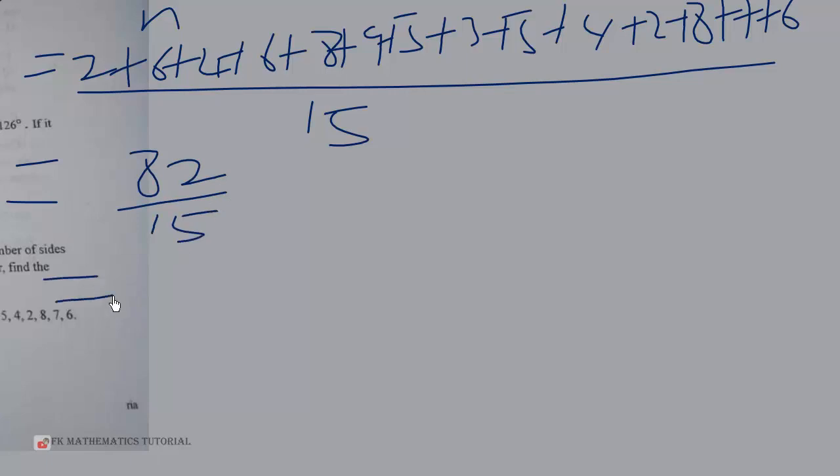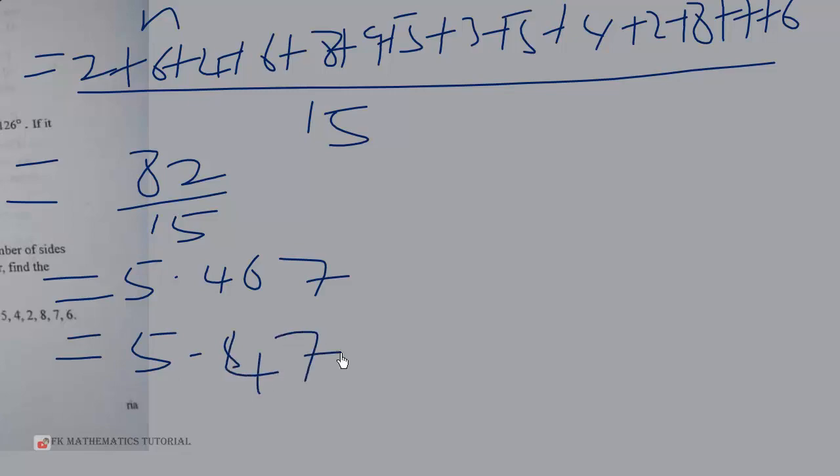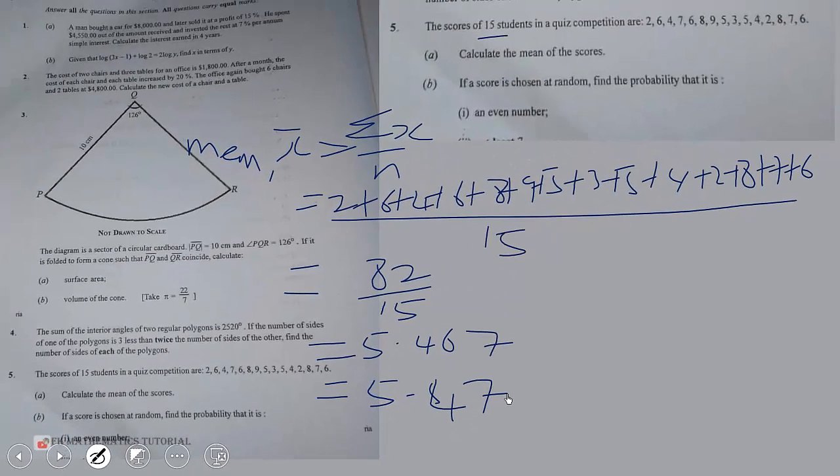And this will give us 5.46666. To two decimal places, we are getting 5.47 marks.